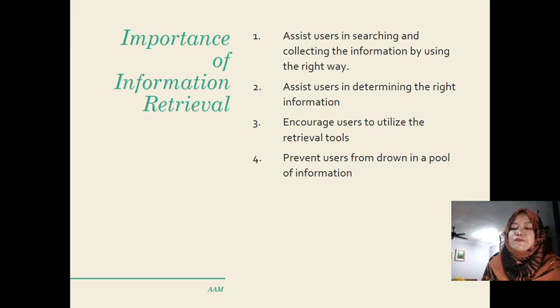For example, if the student is from the information management field, we can direct them to certain databases such as Science Direct and Emerald. These are among the databases that can be used by information management students.